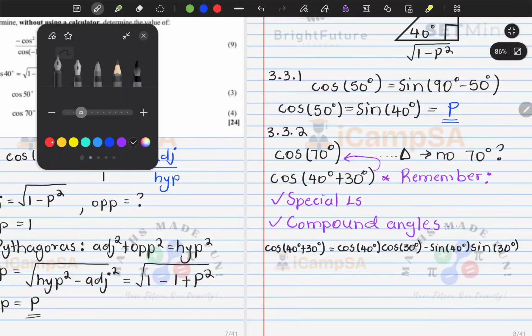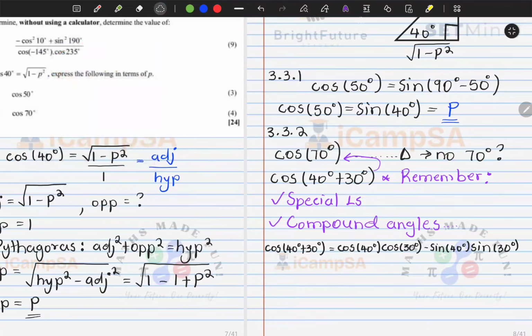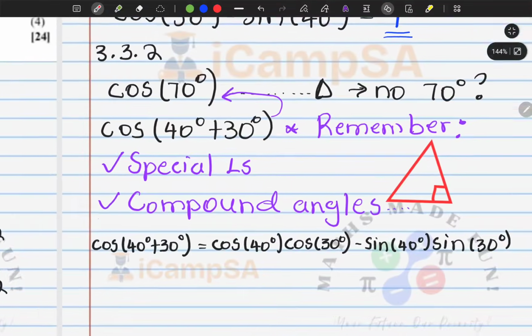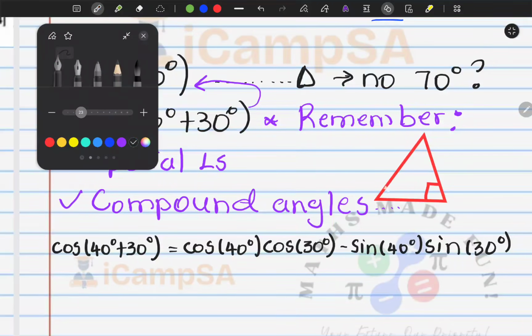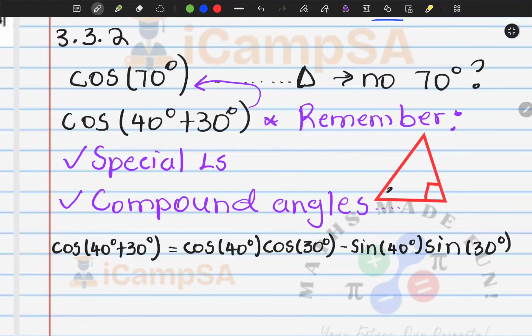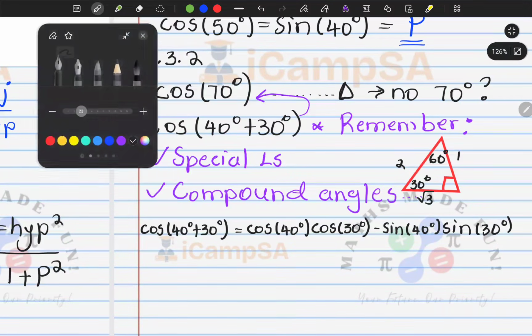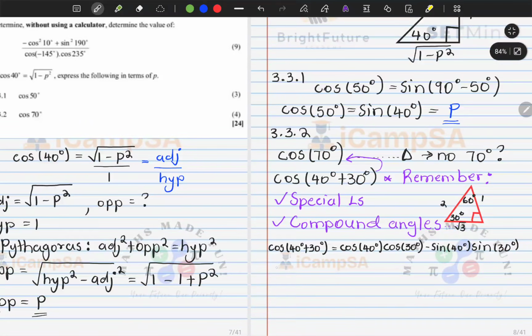Then for your special triangle, which is very important for you to remember, let's try your special triangle again. We have a 90 degrees there, very skewed one. But you should remember that with your special triangle, what you will have is a 30 degrees, a 60, and you'll have 1, 2, square root of 3. Okay, now let's go ahead and solve this.